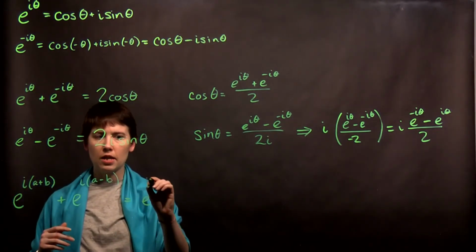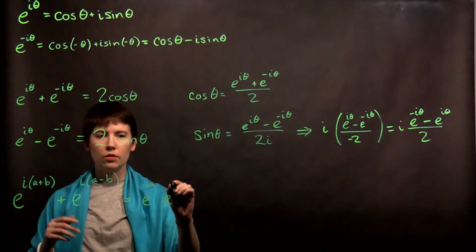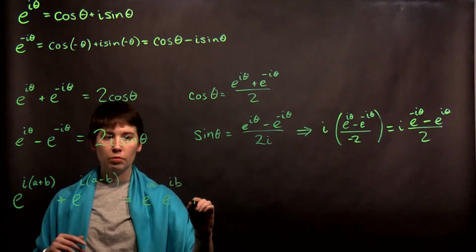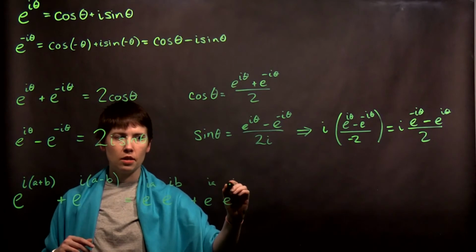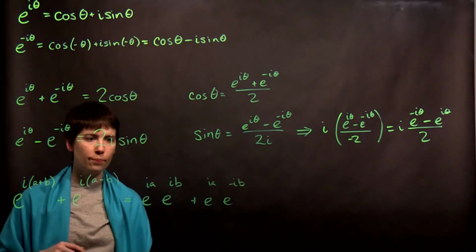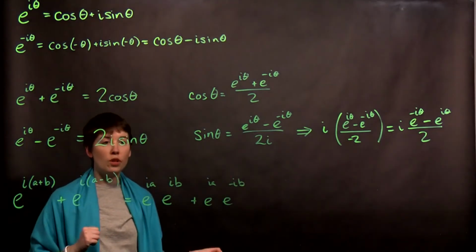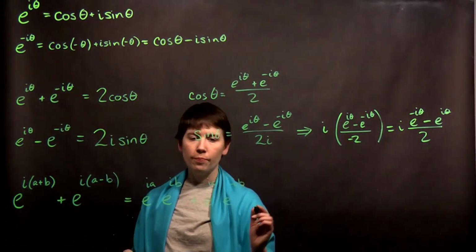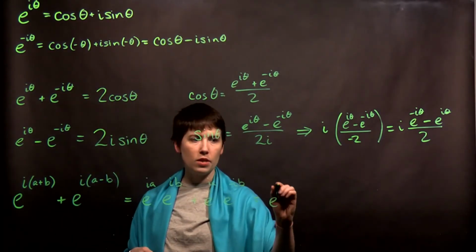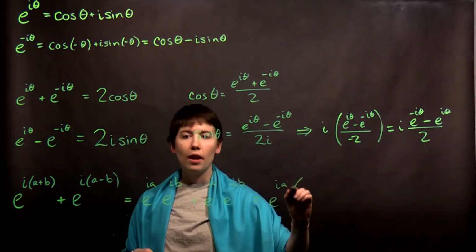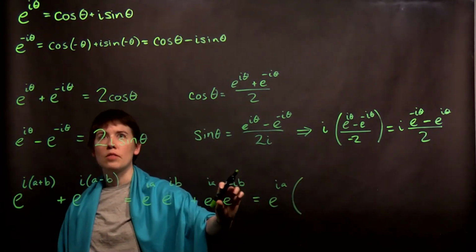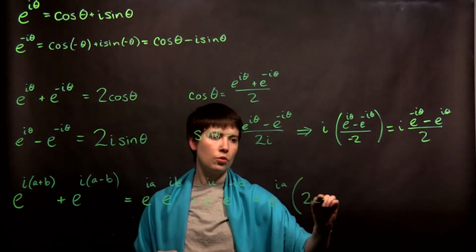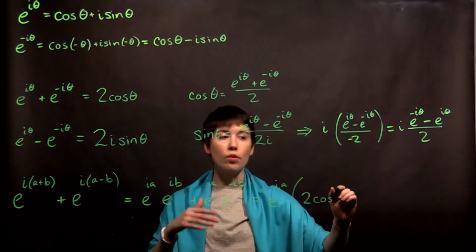We have e to the i a, e to the i b, plus e to the i a, e to the i negative b. So you would have e to the i a, and then that positive plus that negative gives 2 cosine theta, where theta is now b.